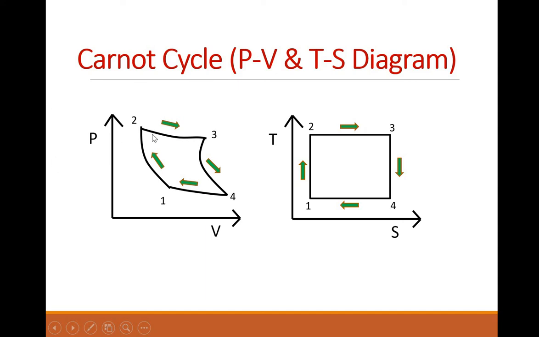So hence the Carnot cycle, we always call it an ideal cycle, which gives you the maximum efficiency, but practically we cannot implement that cycle in our system. So the cycle that we follow in a practical scenario is your Rankine cycle, which gives you maximum efficiency with some modifications, or by having the reheat cycle in the system.